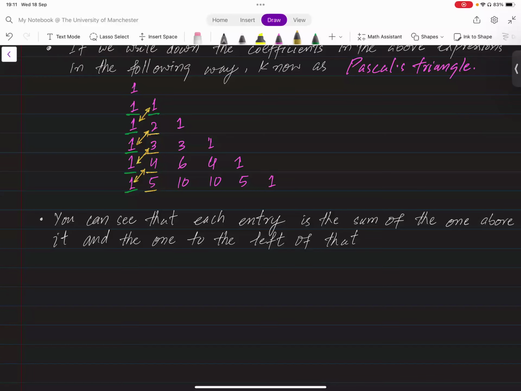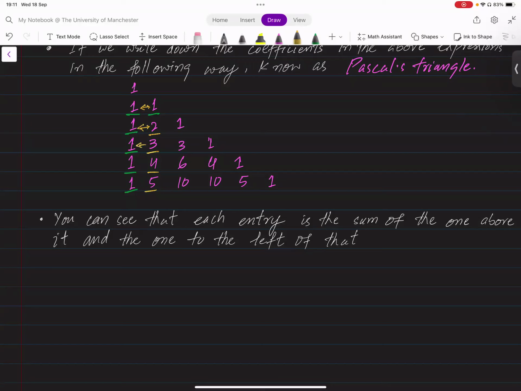We can say something different: 2 is the sum of these two. 3 is the sum of these two.